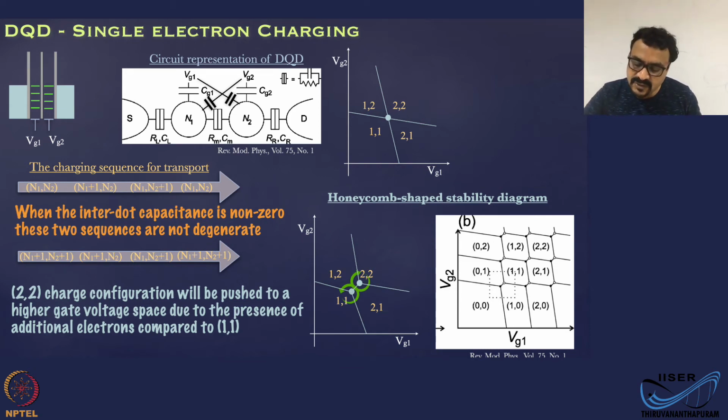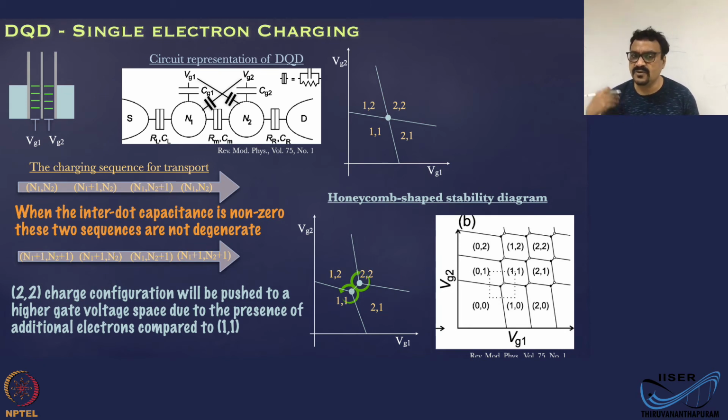Previously, the 2-2 configuration and 1-1 configuration are degenerate at this point. At this point, you can have 2-2 or 1-1. That means the extra electron on dot 1 and dot 2 is not going to affect the potential. 1-1 electron and 2-2 electron happen at the same gate voltage. That is because the extra electron on dot 1 is not affecting dot 2.